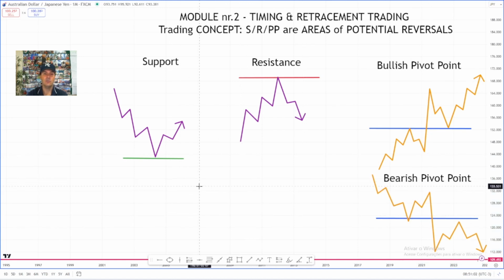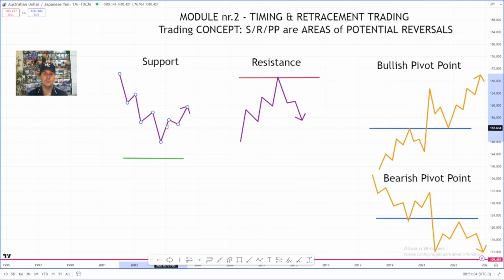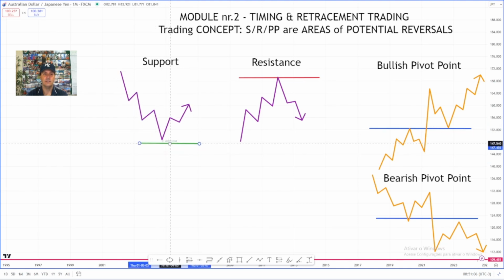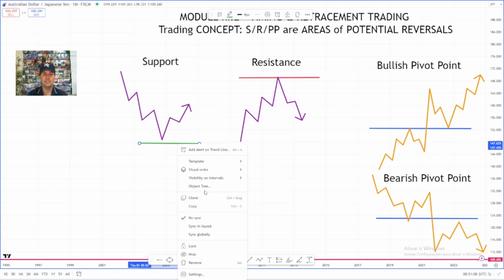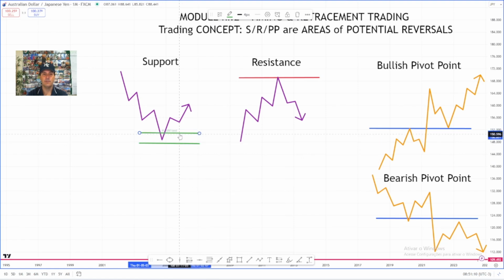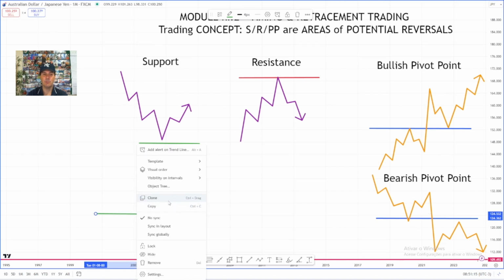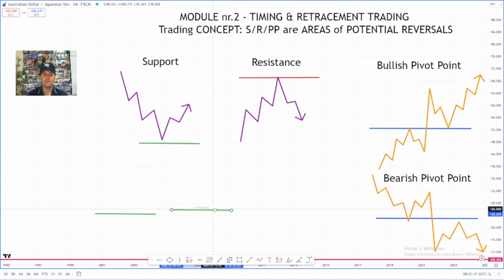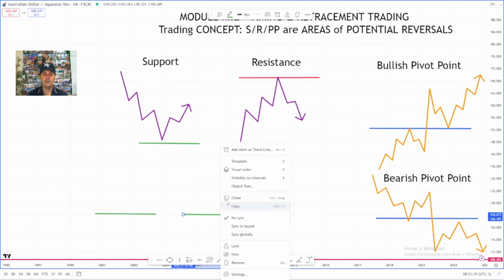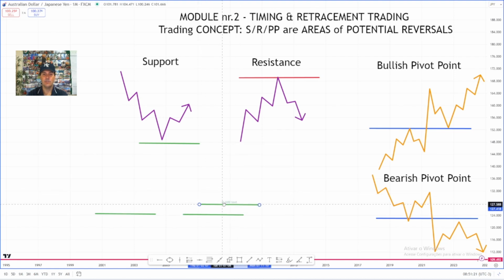The market is going to work in 3 ways. I'm going to use support as an example, but bear in mind it happens the same in resistance and pivot points too. You have 3 ways for the market to react.